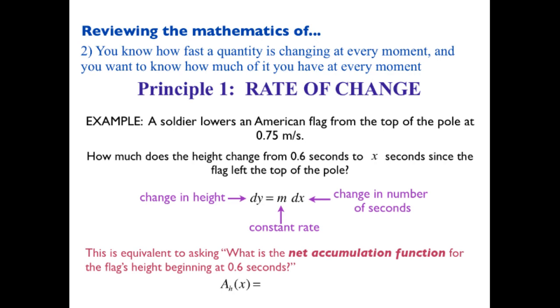So, can you write the formula or the rule for this function that would give you the net accumulated height starting at 0.6 seconds? This is like our dy, right? The variable A sub h of x, function notation, is representing dy.